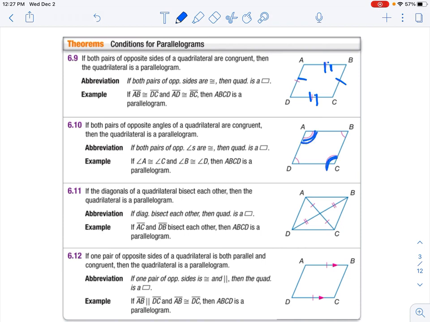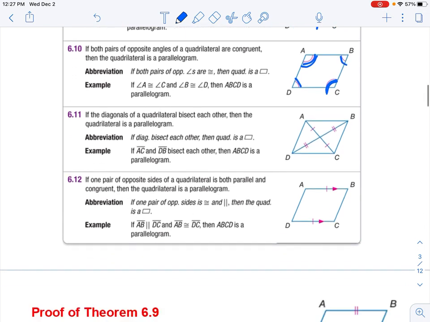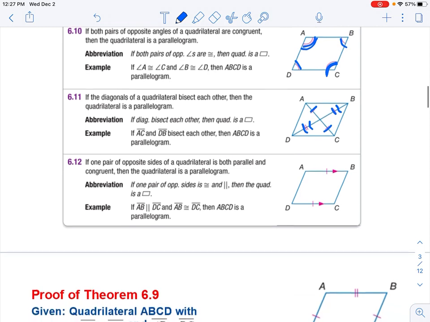So if these two are congruent and these two are congruent, then we have a parallelogram. If the diagonals of a quadrilateral bisect each other, so they cut each other in half, then the quadrilateral is a parallelogram. And if one pair of opposite sides of a quadrilateral is both parallel and congruent, then this is a parallelogram.